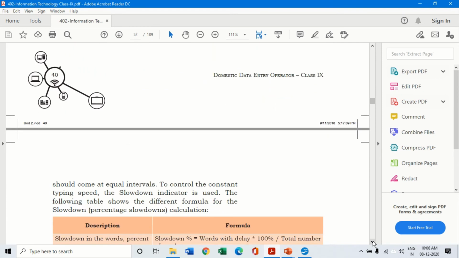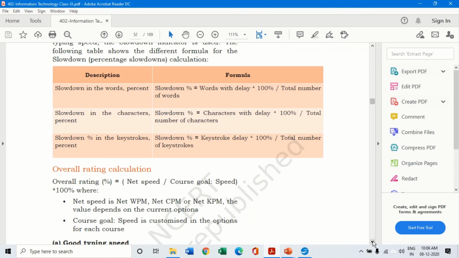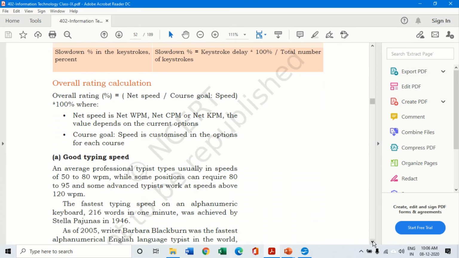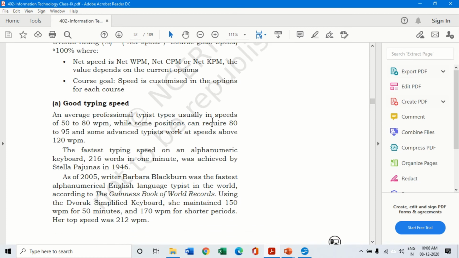This is basically how the overall typing rate is calculated. All this is very important. A good typing speed for an average professional is usually 50 to 80 words per minute, while some positions require 80 to 95 words per minute, and this is considered average. In advanced typing work, a speed of 120 words per minute is considered exceptionally good.